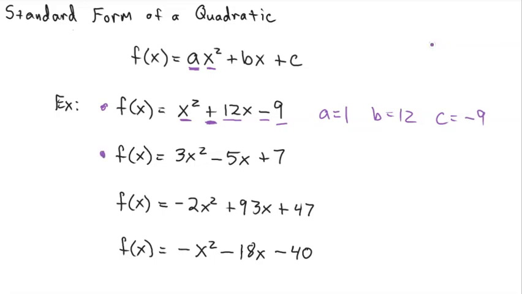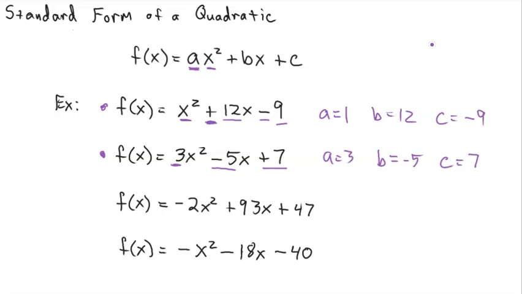On this second example here, we can see that A is 3. It's positive, so it's up like a cup. It opens up, and it has a minimum, okay? B is minus 5, so that's negative 5. So B is going to be equal to negative 5. And then C is plus 7, which means positive 7, okay?